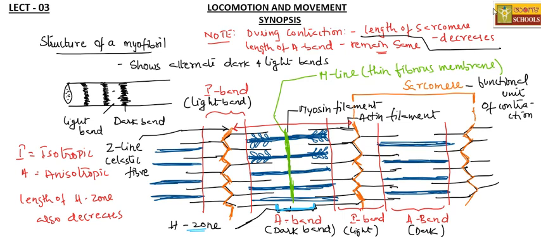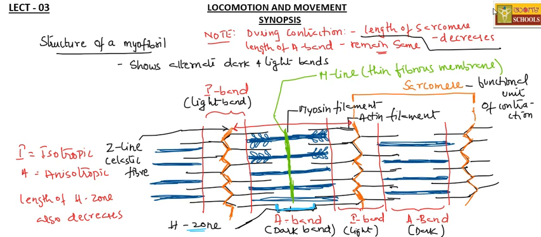Here I'll even tell you there are other names for the Z line and M line. Other names for the Z line: it is also called Krause's membrane, or also called Dobbe's line.